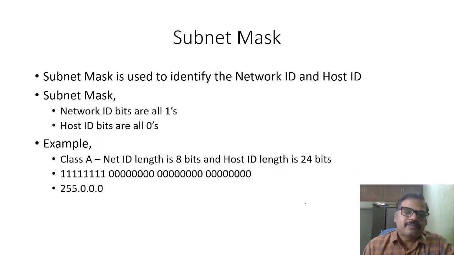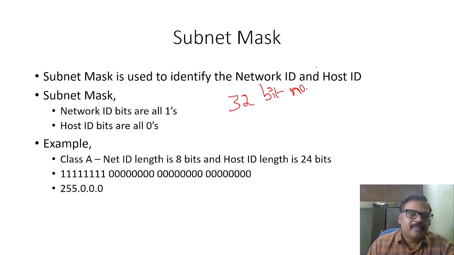Now comes the subnet mask. The subnet mask is another 32-bit number which is used to identify the network ID length and host ID length of the given IP. Directly, I think I can go for an example.